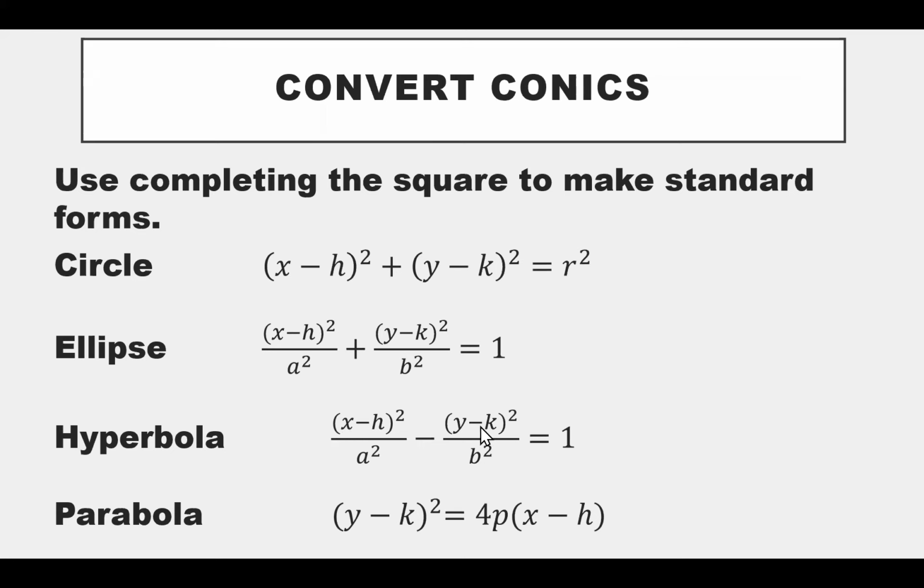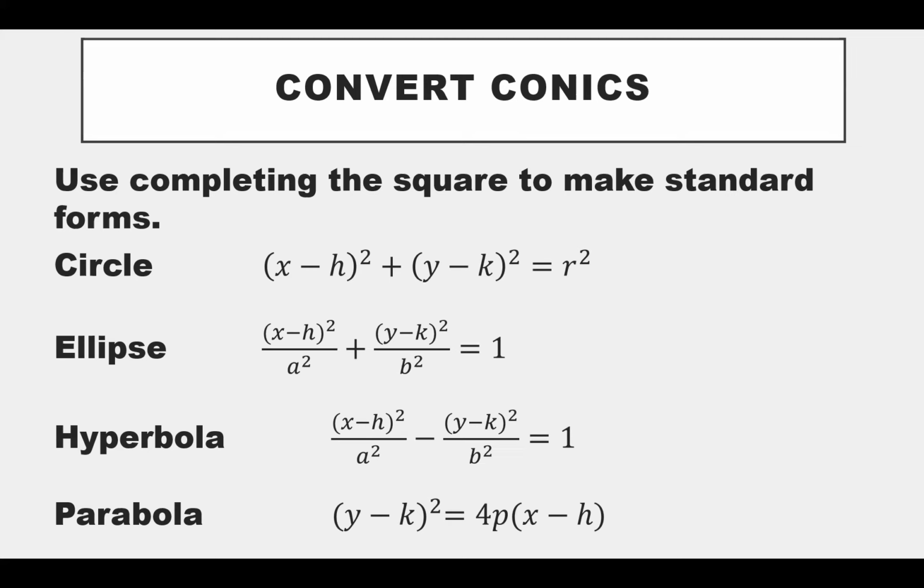So if you want to switch the x and the y with the hyperbola, or switch the a and the b with the ellipse, or what piece is being squared in the parabola, that's fine. But we can translate any of the non-trivial conic sections into one of these four and put it in this standard form.